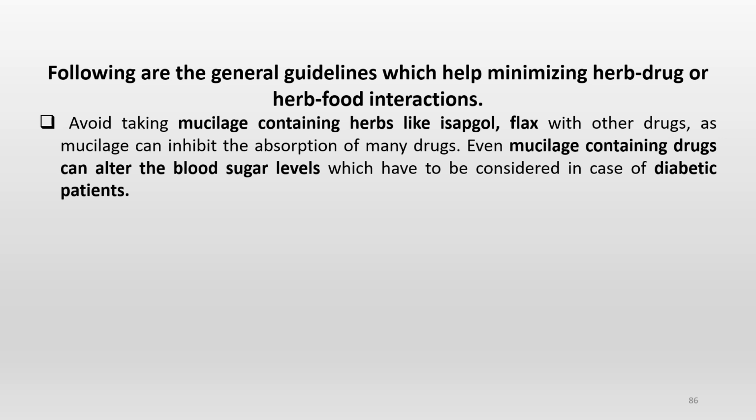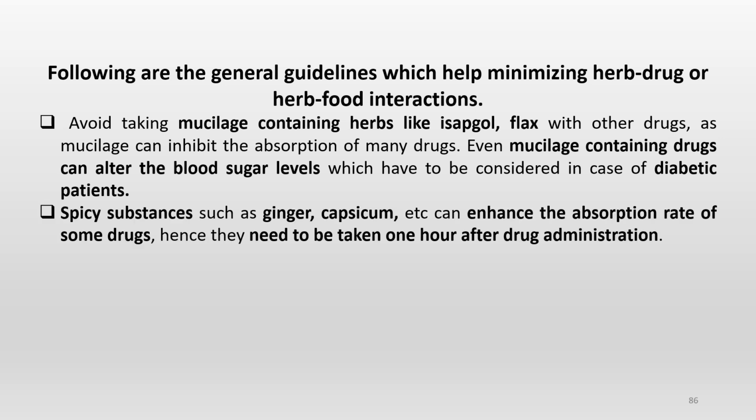Mucilage containing drugs can also alter blood sugar levels, which has to be considered in diabetic patients. Spicy substances such as ginger, capsicum, etc. can enhance the absorption rate of some drugs, so they need to be taken 1 hour after drug administration.